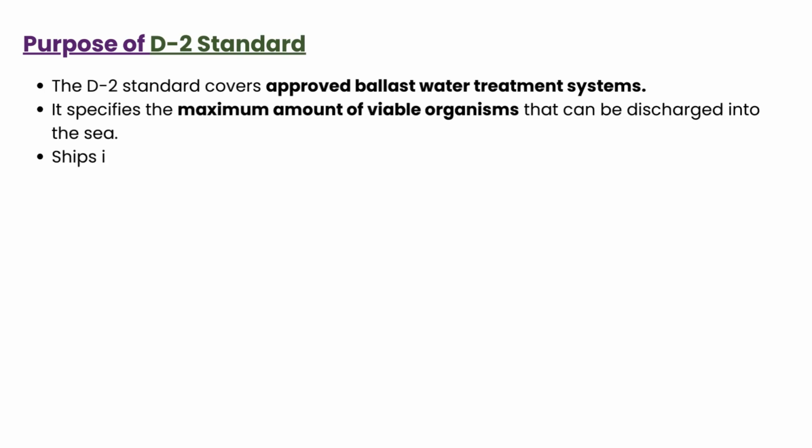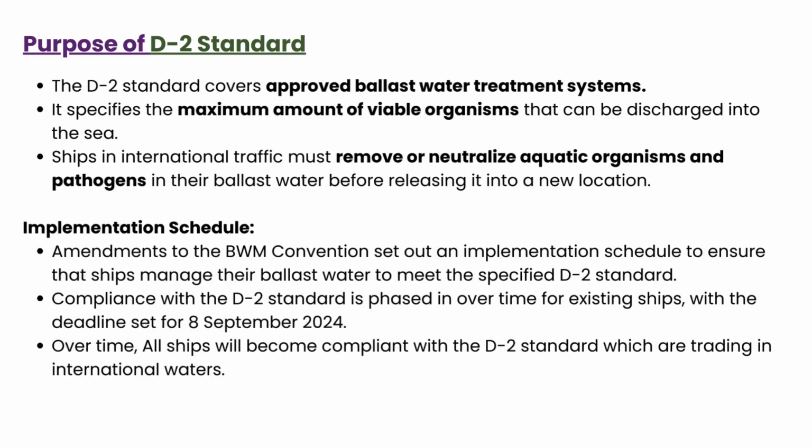Now, what does the D2 standard say? The D2 standard covers all approved ballast water treatment systems. It goes into much elaboration of it. We are going to cover the ones which are commonly used ballast water systems and presently being retrofitted or fitted on board, and it also specifies the maximum amount of viable organisms that can be discharged into the sea.